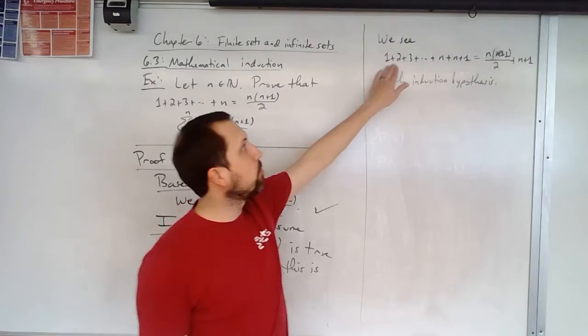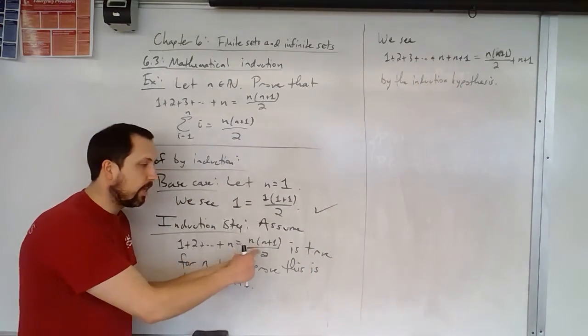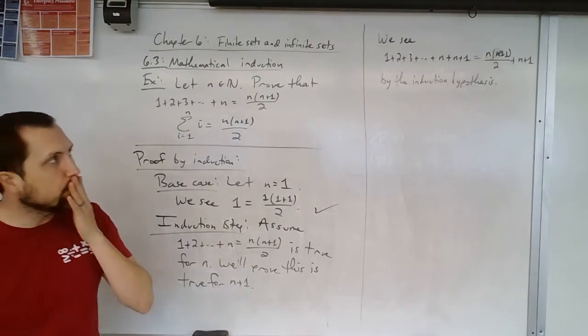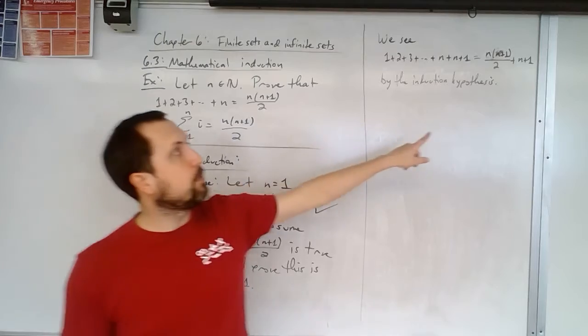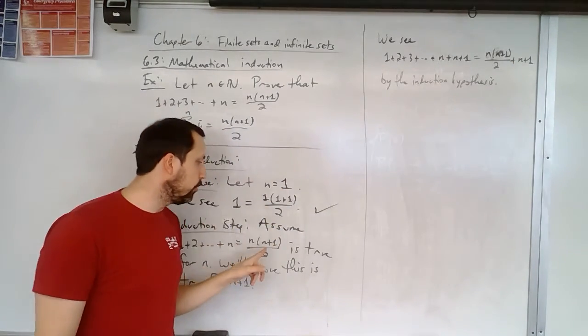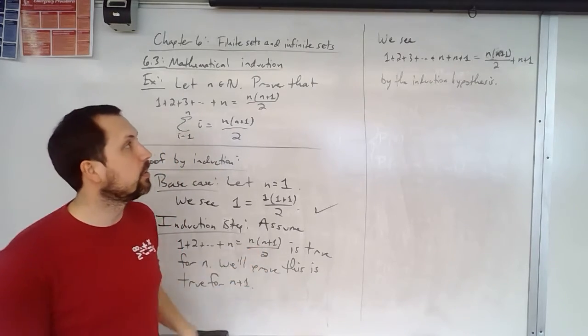Why? Well, because 1 plus 2 plus 3 all the way up to n, we said that that was equal to n times n plus 1 divided by 2. We assumed that this was true. Now we're trying to manipulate this to be able to get to our desired conclusion as though you plugged in n plus 1 into this expression.